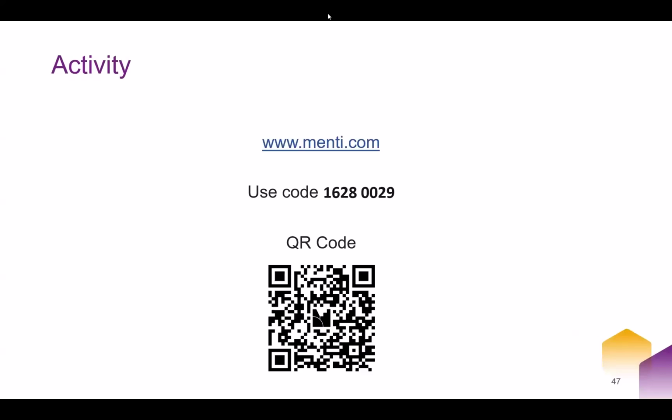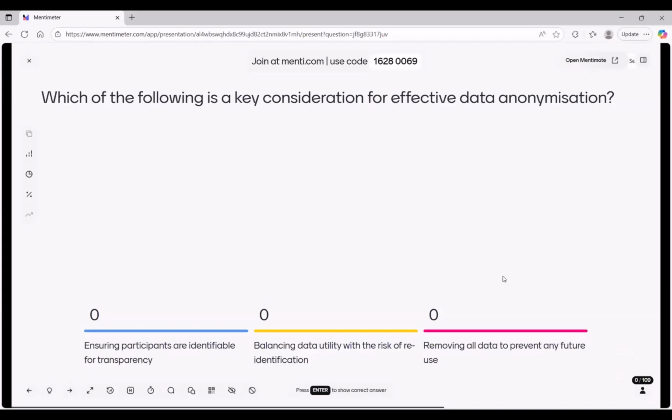So another quick question in the Mentimeter. Which of the following is a key consideration for effective data anonymization? What do you think?